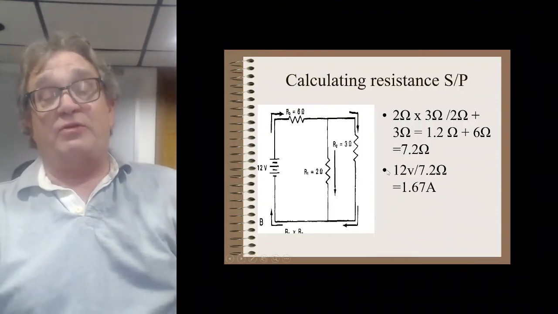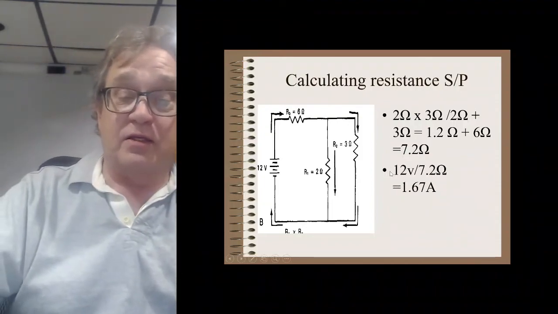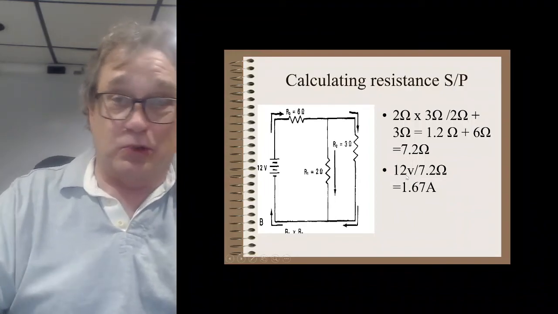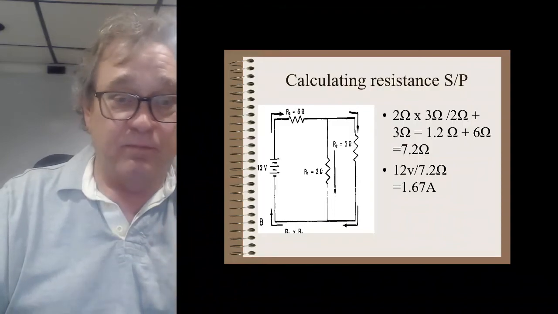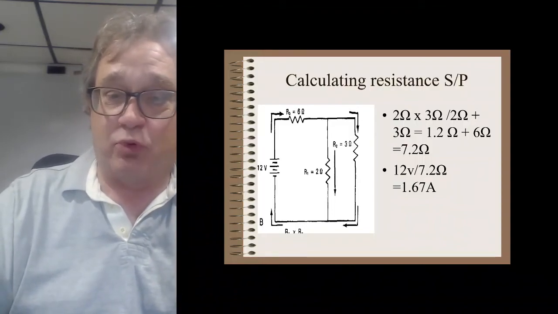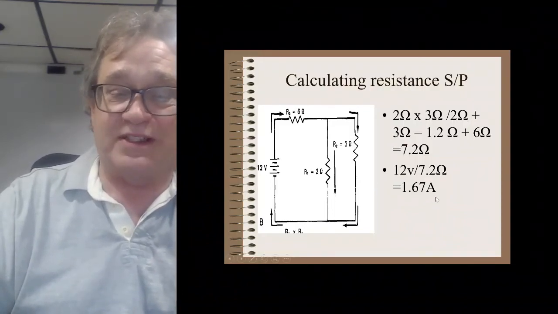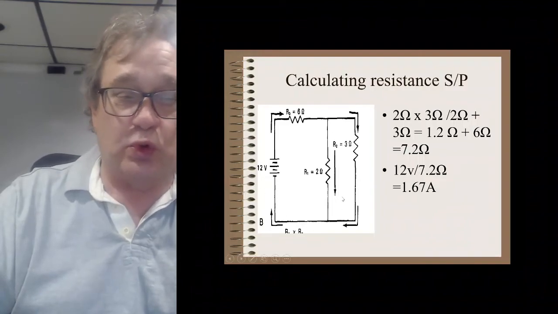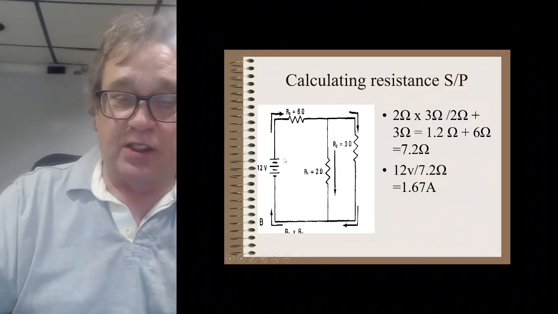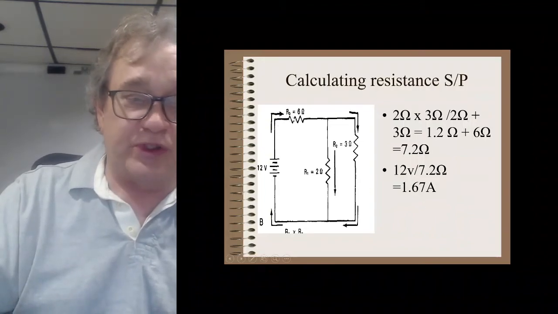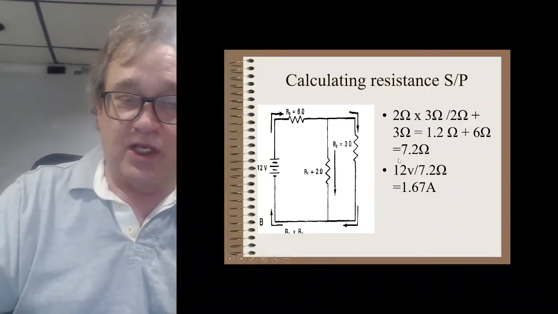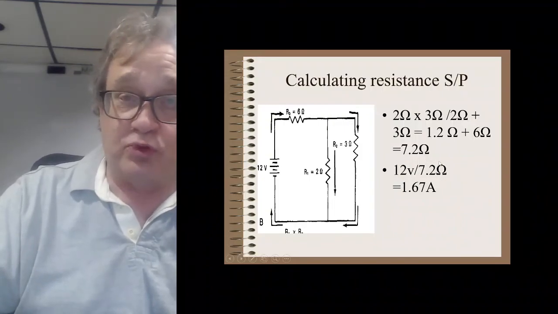Now I can figure out the total amperage. That's pretty easy to do. Ohm's law again, Math 101, 12 volts divided by 7.2 ohms gives me 1.67 amps. So the total amperage of this circuit is 1.67 amps. The total resistance of this circuit is 7.2 ohms.